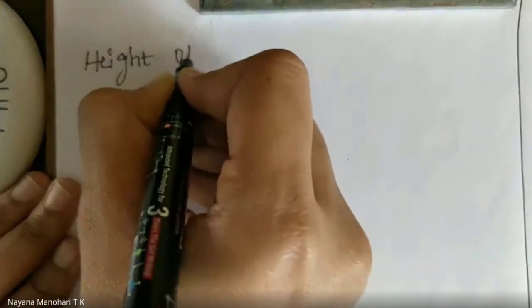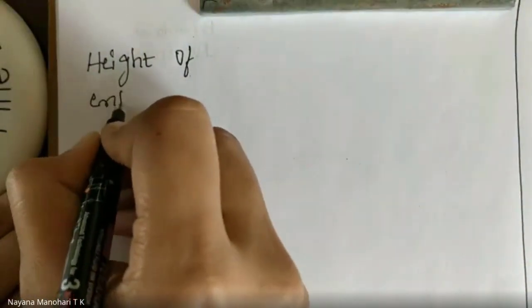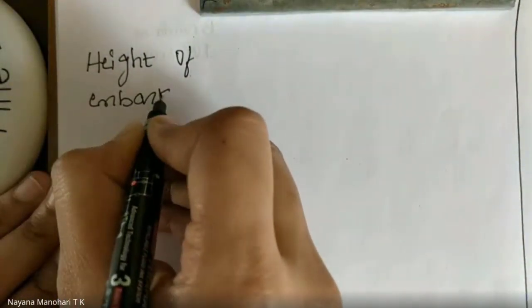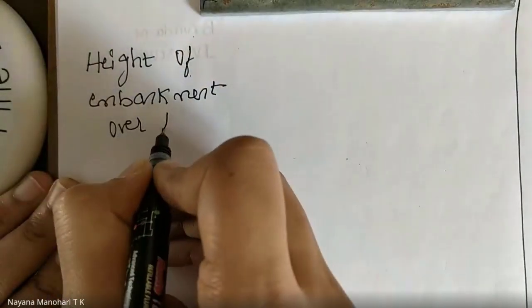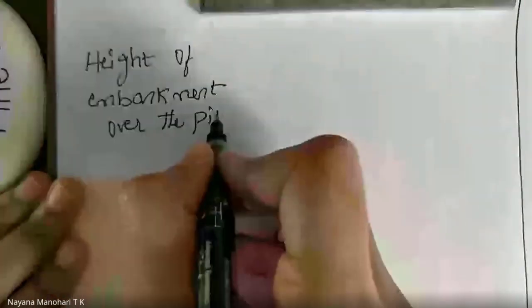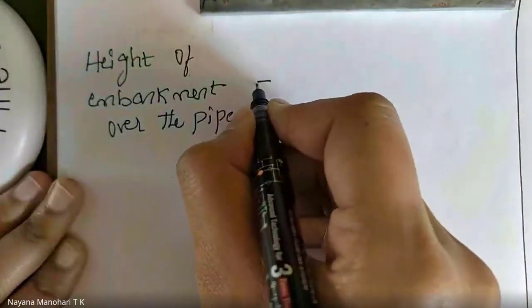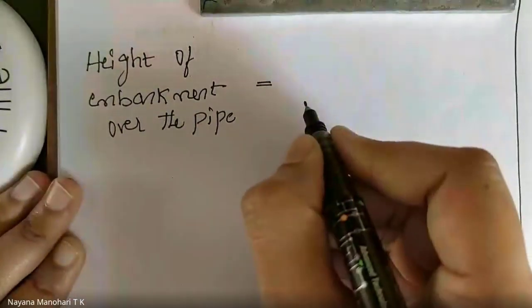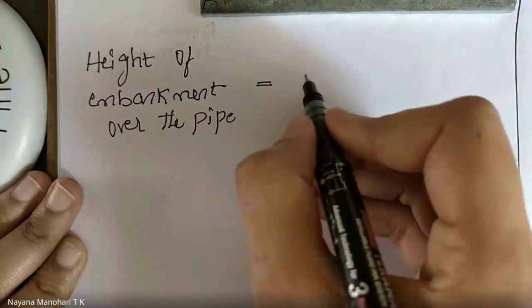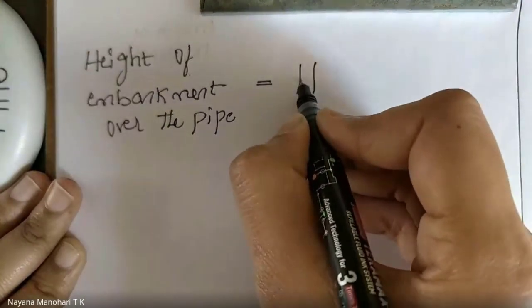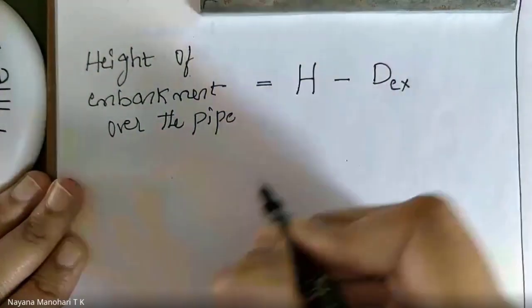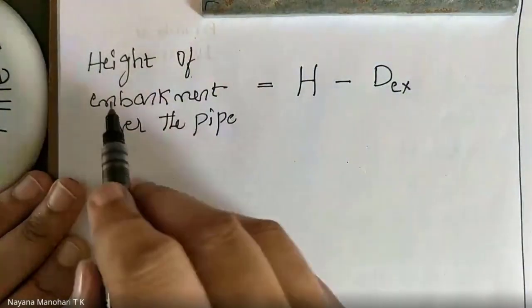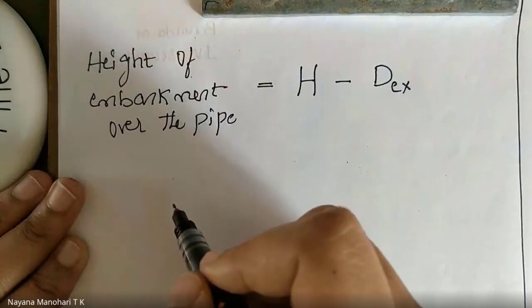Height of embankment over the pipe will be equal to the total height of the embankment minus the external diameter of the pipe.